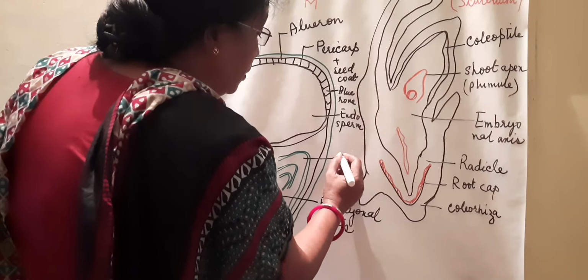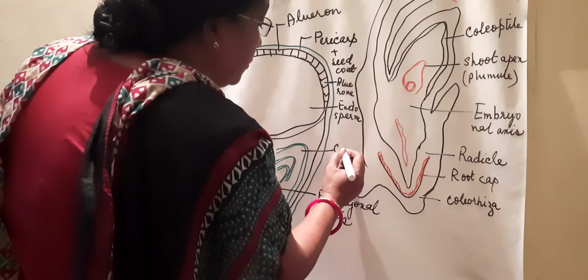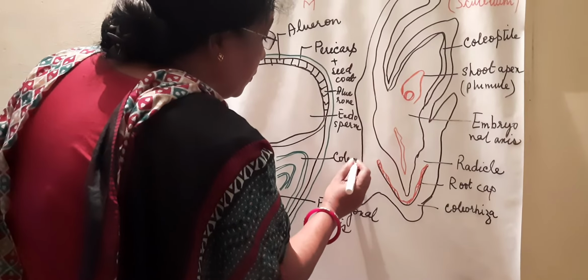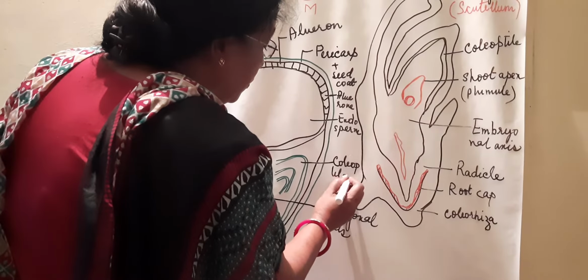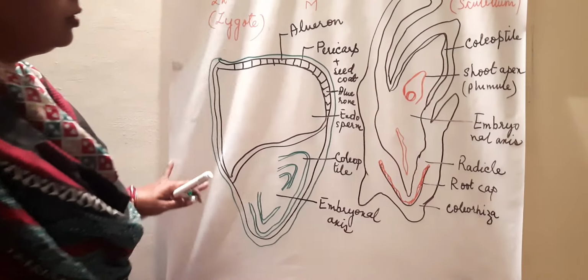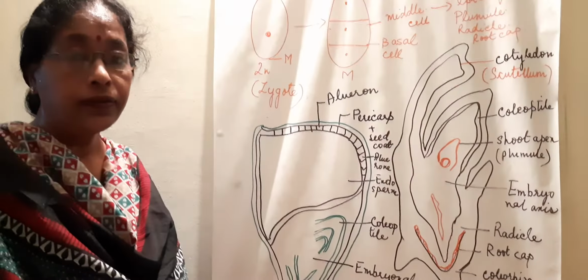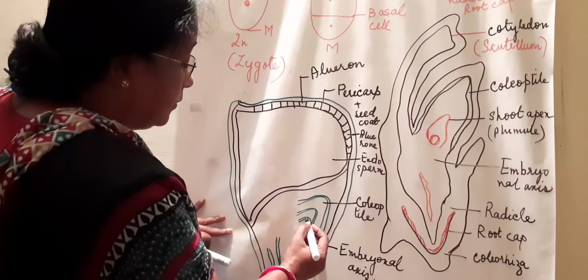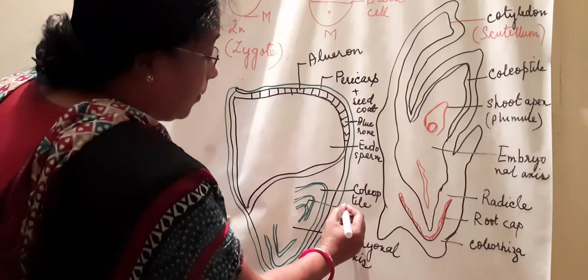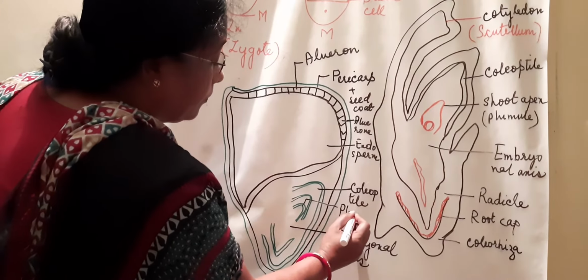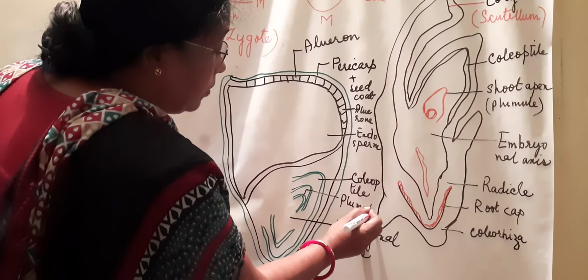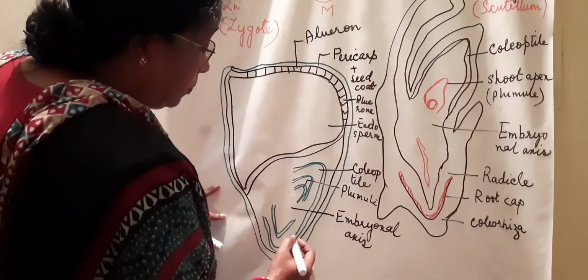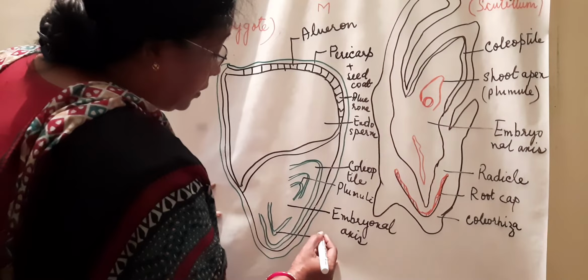This is the coleoptile. This is the plumule. Just below the plumule is the radicle.